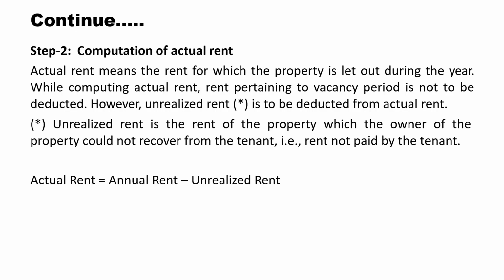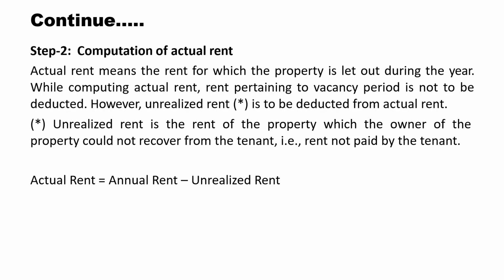During the previous year, the amount of rent which is not paid by the tenant to the assessee, that amount is called the unrealized rent. So these two concepts are important. One is annual rent, the amount which is actually received by the assessee, and the unrealized rent which is not received by the assessee from the tenant.